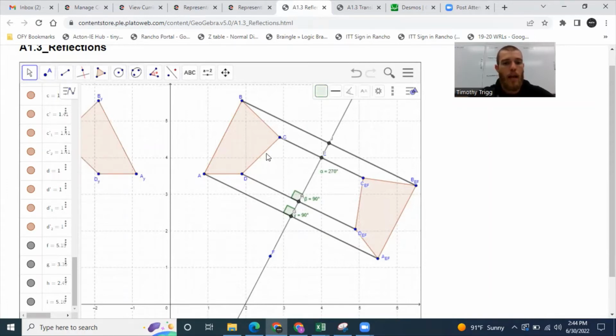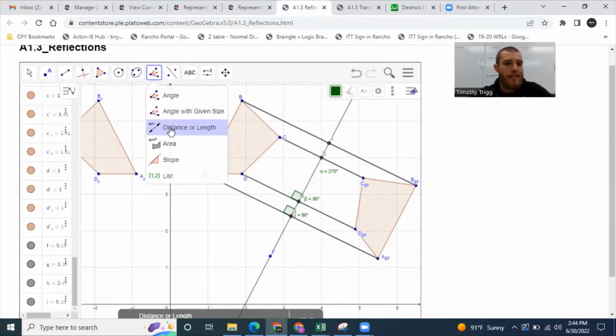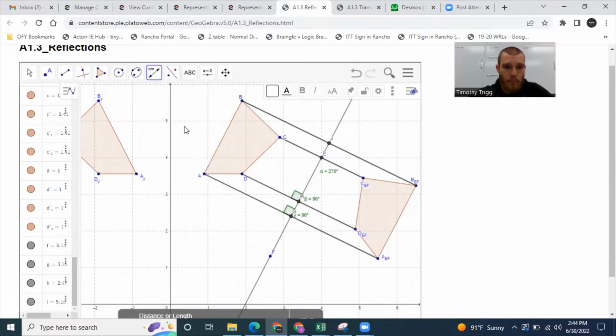But now what they want you to see is the distance from our pre-image to the line of reflection, line EF. Also the distance from the image to line EF. So let me show you what I mean. You're going to go to this tool right here, go to distance or length. And so we're going to go from point B to point J here.